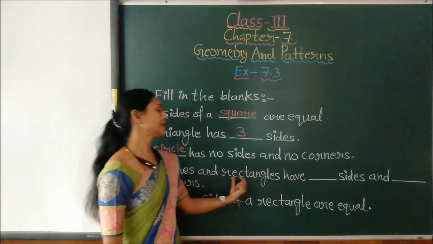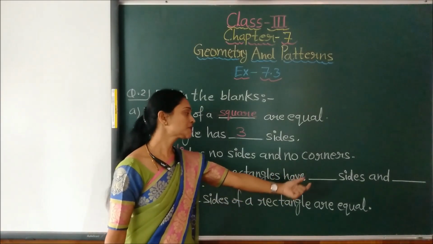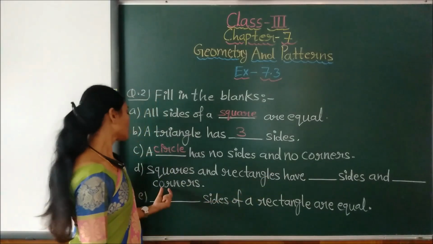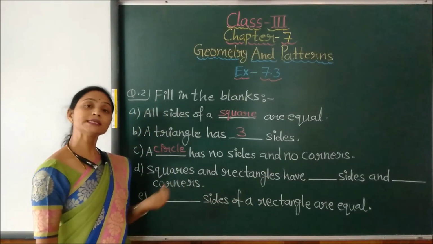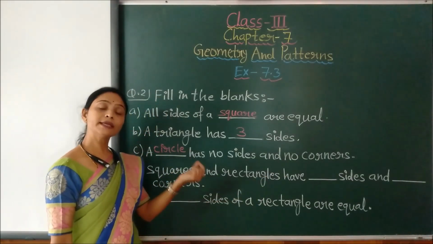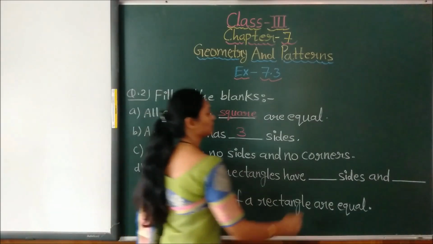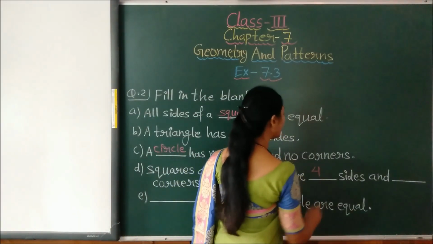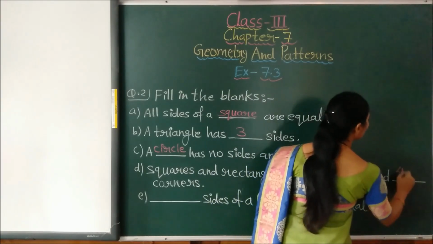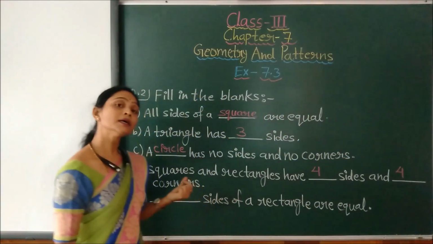Squares and rectangles have dash sides and dash corners. So how many sides and corners are there in rectangle and square? See, there are 4 sides and 4 corners in both the shapes.